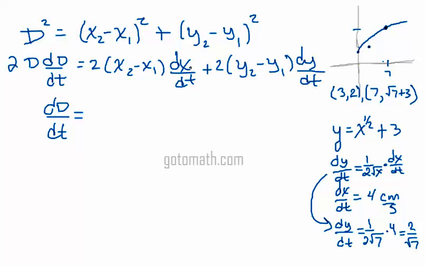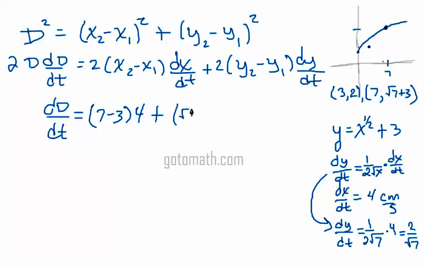Oh, I wasn't finished. dx over dt, right, they gave us that, and then we found dy over dt down here. So all we have to do now is just simply plug the numbers in. So x2 minus x1. So this would be 7 minus 3, and then dx over dt, which was 4, plus, and then we have y2 minus y1.